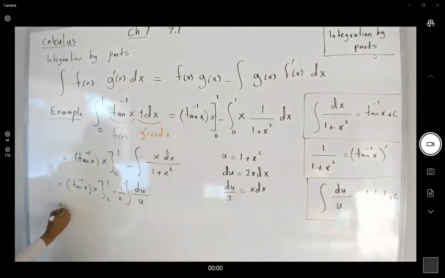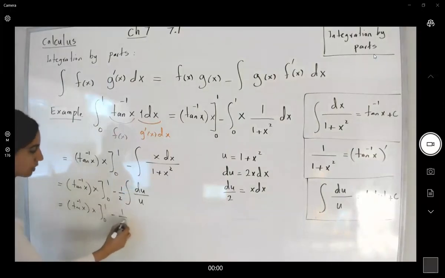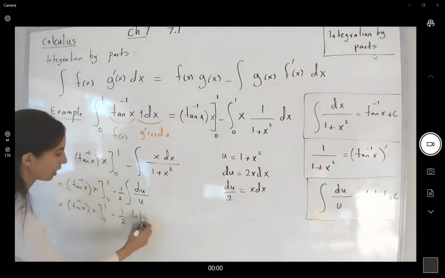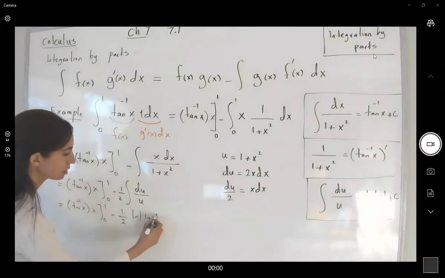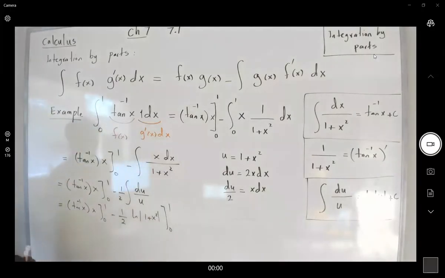So far I have inverse tangent of x times x, 0 to 1, minus a half ln of absolute value of 1 plus x squared, and my x starts from 0 and goes to 1.